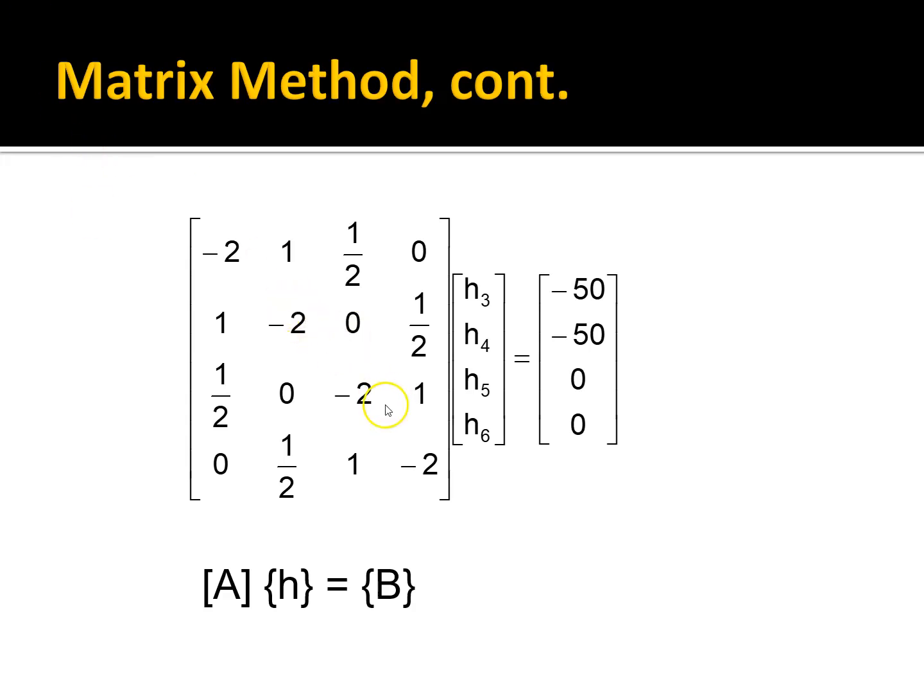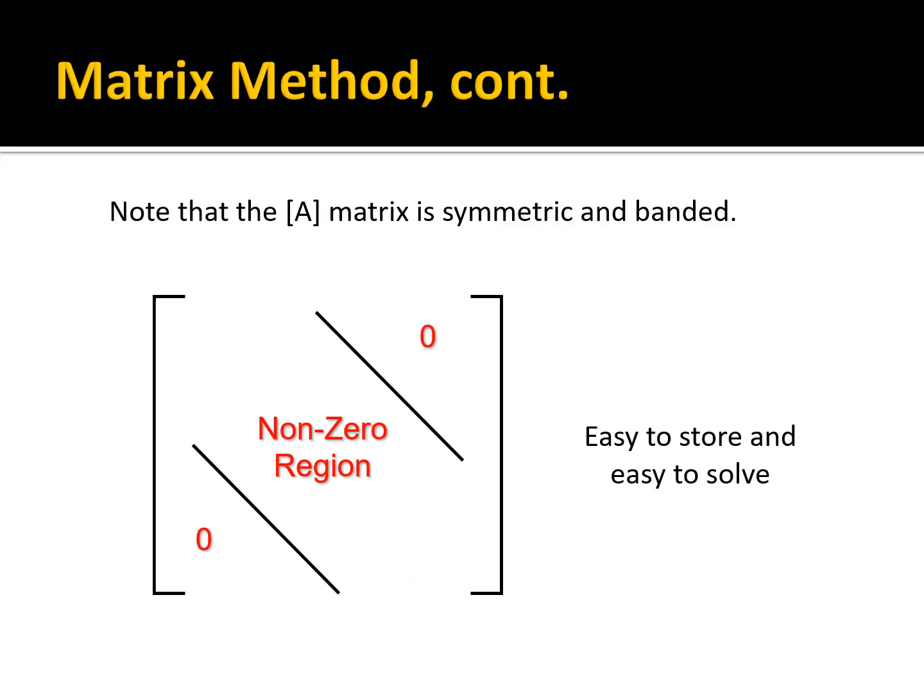It's also banded. Now, this is just a small version, but what that means is once you get out a certain distance away from the diagonal, everything is zeros. Now, we only have one row out here at 0, but if we had, let's say, a 50 by 50 matrix, then that band in the middle may be, I don't know, 4, 5, 6 elements wide, and everything else is zeros. And so again, it looks like this.